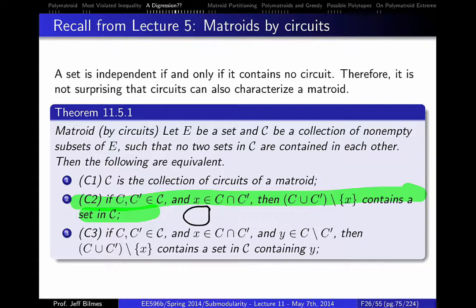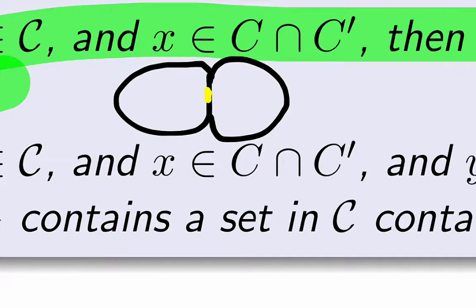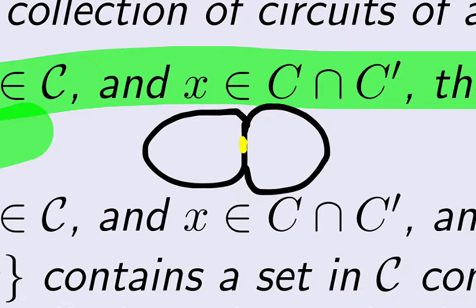If there's an intersection, let's say that this little yellow guy, X, is the intersection. Then what it's saying is that there exists a circuit contained in the union of the two original circuits subtracting away X.